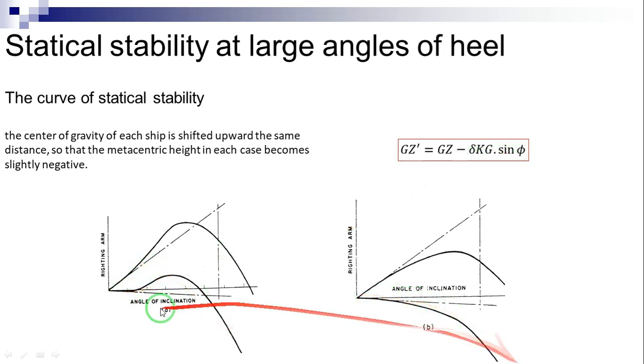In case A, the ship will heel to a small angle beyond which there will be some positive righting arm, while in case B, the ship will capsize. Note that it is not practical in general to calculate the actual righting arm for all conditions of loading, since the location of the center of gravity varies with the ship loading.